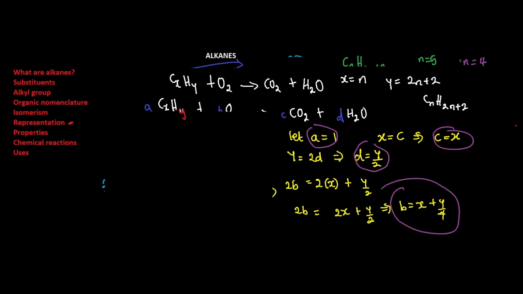CxHy has the coefficient of a, which is equal to 1, so we could just write it out as CxHy plus O2 has the coefficient b, and b is x plus y over 4 O2, giving us c here is equal to x, so x CO2 plus d is y over 2, so y over 2 H2O.